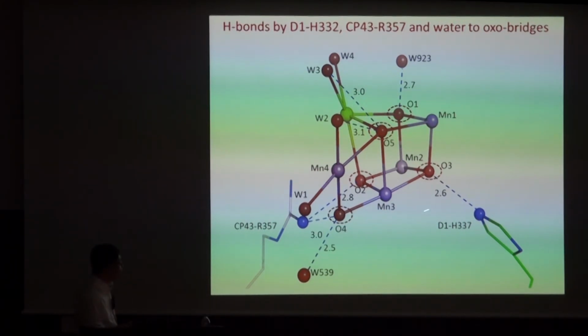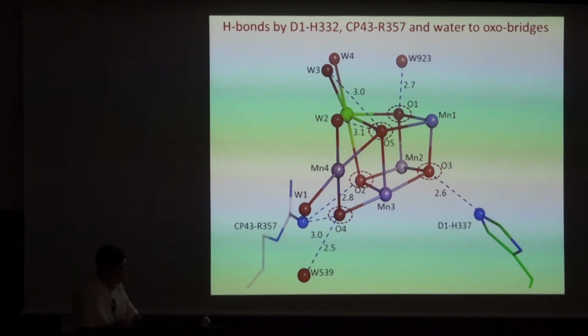So these hydrogen bonds play a very important role to pull the oxygen atoms to the outside of the cluster in order to make the bonds between oxygen and manganese longer than those typical manganese oxygen bonds in inorganic manganese oxide. So these hydrogen bonds function to destabilize, or maintain the flexible structure of the cluster.